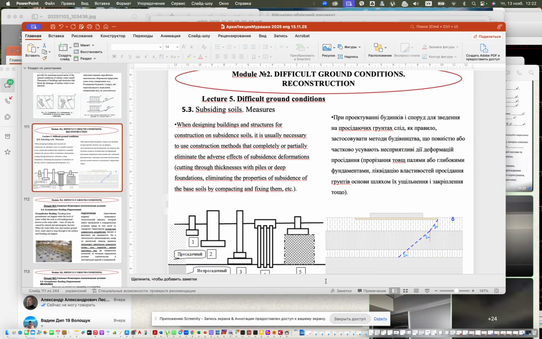First, support the building on unsubsiding soils, or use piles, or substitute the soils with unsubsiding ones, or we can use the compaction method, or we can use coverage with clay, a clay lock, глиняный замок.